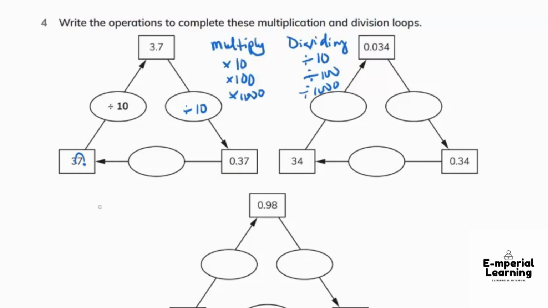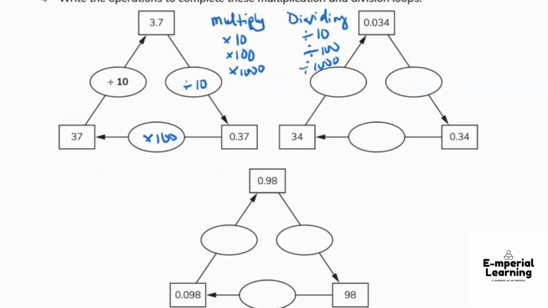And from 0.37 to 37, it's very obvious that the decimal point moved 2 times to the right. So that is times 100. Based on what I have given you, I believe we can do the other questions. So I'm going to leave that for you to do on your own.